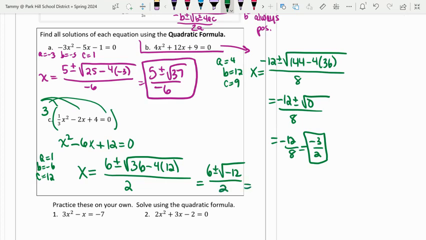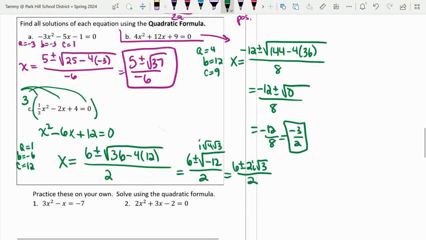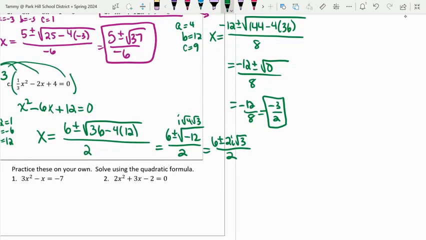So use what you did yesterday. 12 is the square root of 4 times the square root of 3, and then we'll put the i on the outside. The square root of 4 is 2, so I get 6 plus or minus 2i square root of 3 over 2. Everything on the outside divides by 2, so I get 3 plus or minus i square root of 3. You could also write that as 3 plus or minus the square root of 3 with the i not under the radical.